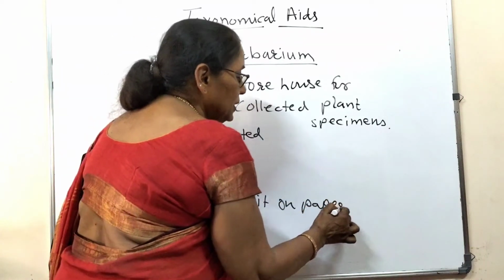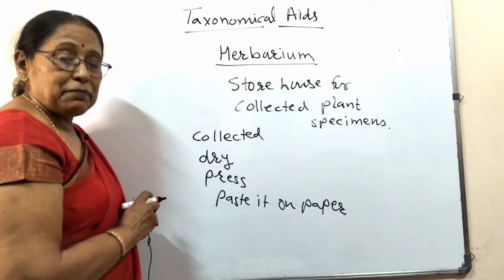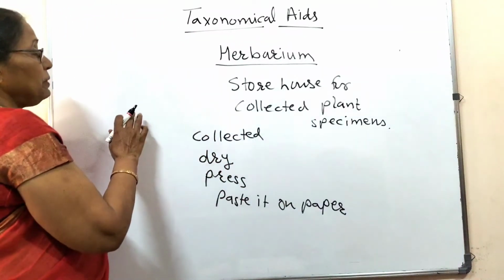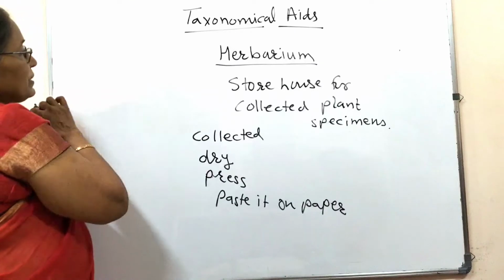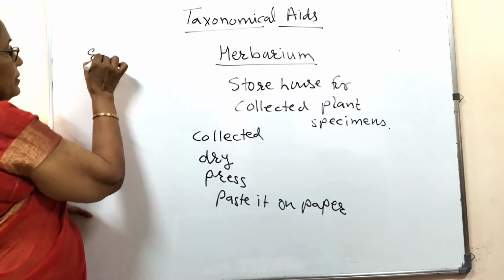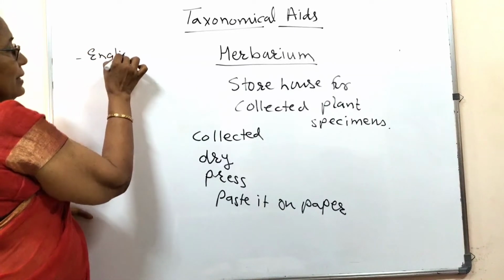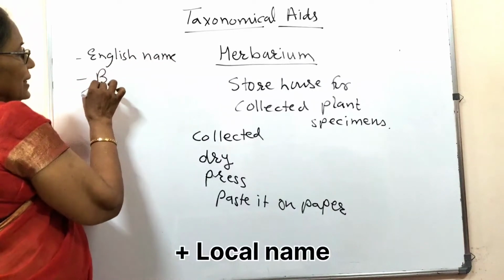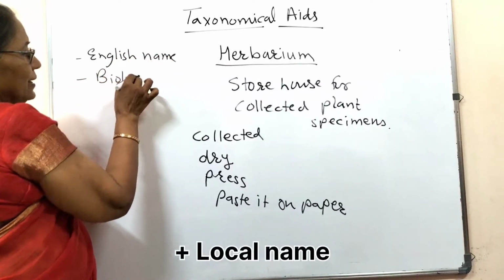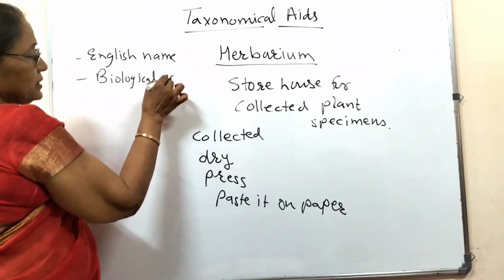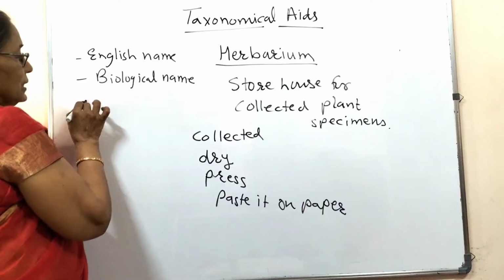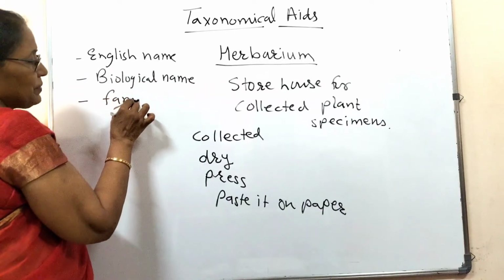On that paper, what information will you be writing? You will write the English name first. Then the biological, that is scientific name. This is important. English name, biological name, then family name.